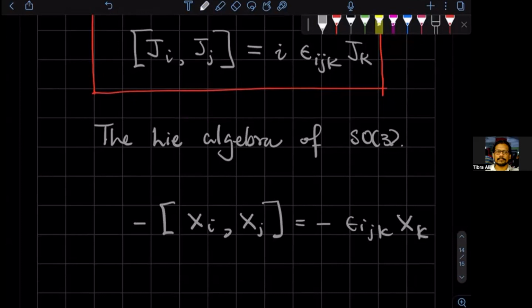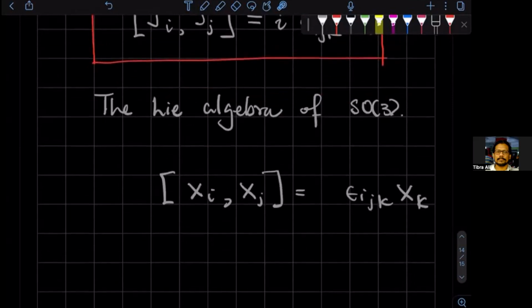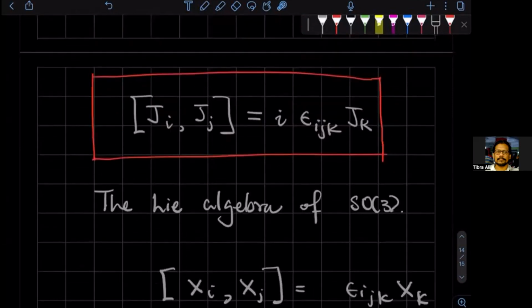Did I get all of that? Yeah. And then this is the mathematician version of this Lie algebra, right? So you can see that when we look at the Pauli matrices, they actually have this algebra. So you're right.